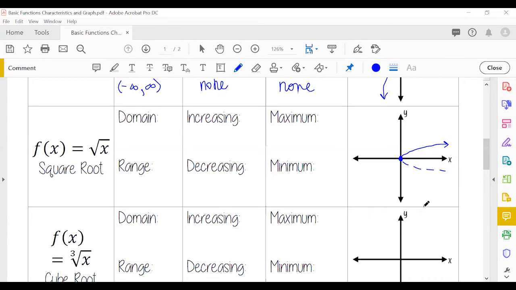So we actually don't keep that bottom half. We only keep the top half of it. And that's where we're using that idea of a principal square root. That means that when we take the square root of a number, say like 9, our answer is only 3, not plus or minus 3. That's the idea behind a principal square root.